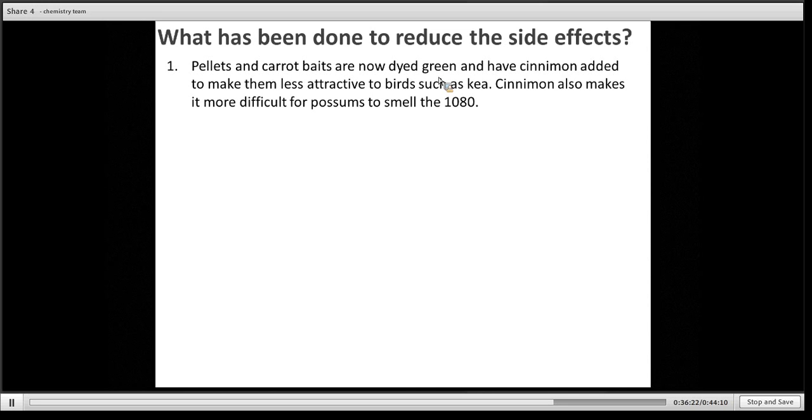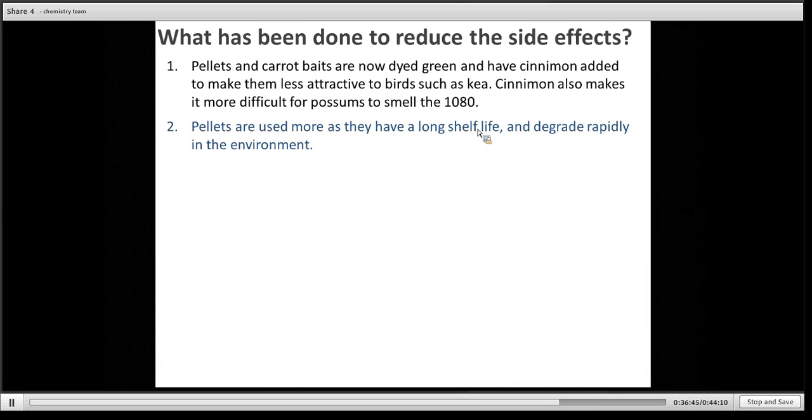Cinnamon has been added, and that tends to stop kea from eating them. Cinnamon does attract the black robins, unfortunately, so it's made in different ways. Cinnamon also masks the smell of the 1080, so the possums tend to eat the 1080 bait a lot more easily if it's got cinnamon in it.